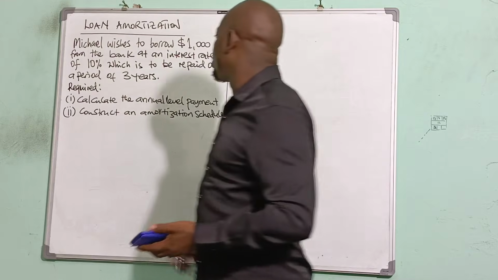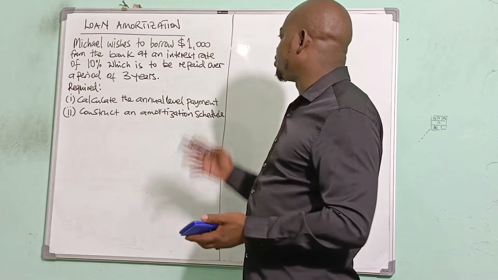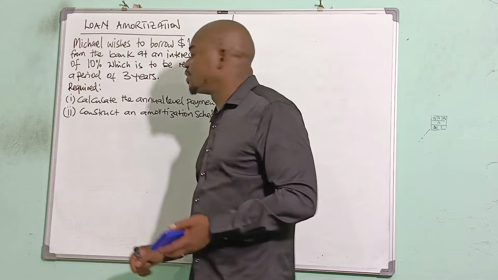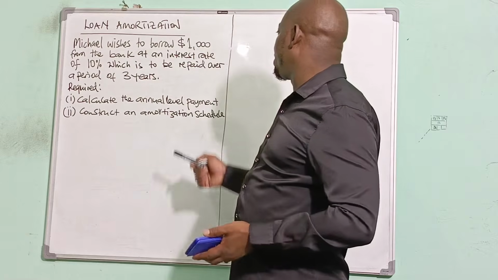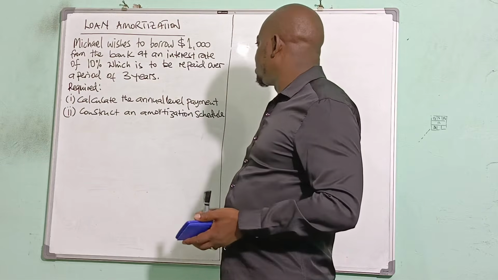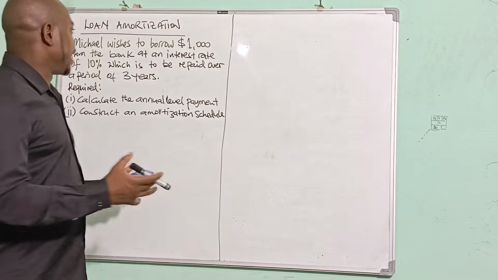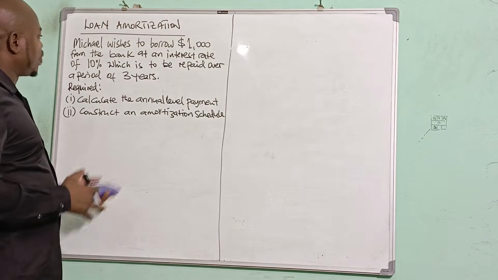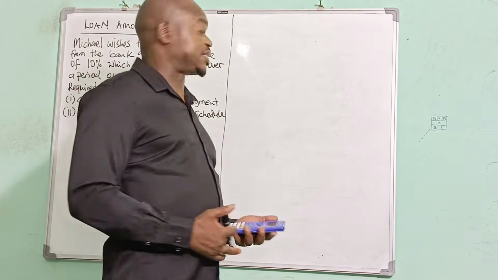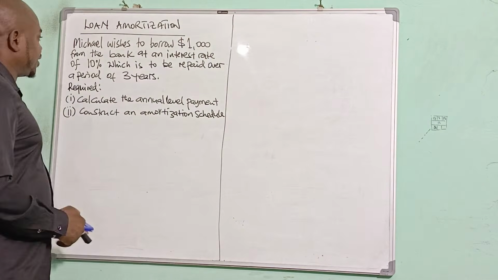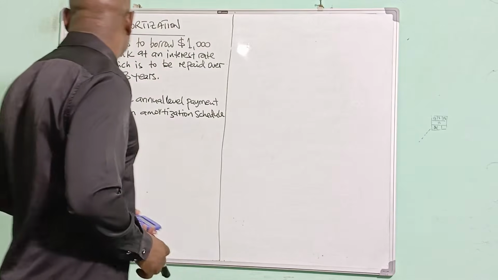Michael wishes to borrow $1,000 from the bank at an interest rate of 10%, which is to be repaid over a period of 3 years. So Michael wishes to get a loan from the bank of $1,000 at the prevailing interest rate of 10%, and this loan will be repaid over a period of 3 years.